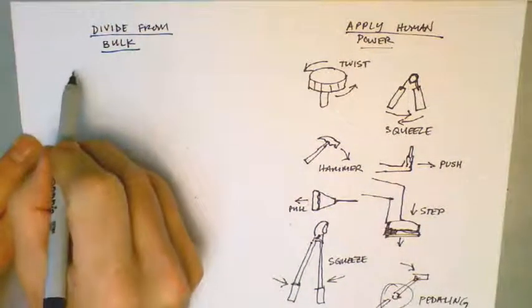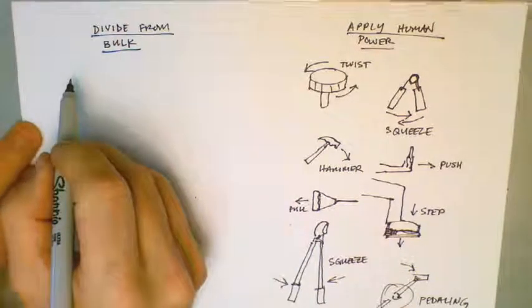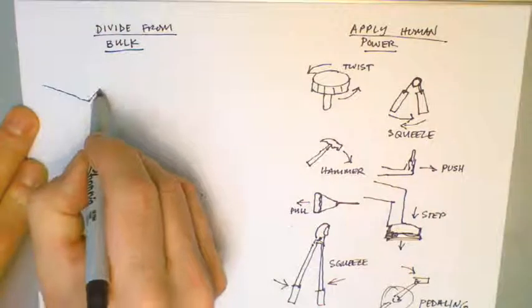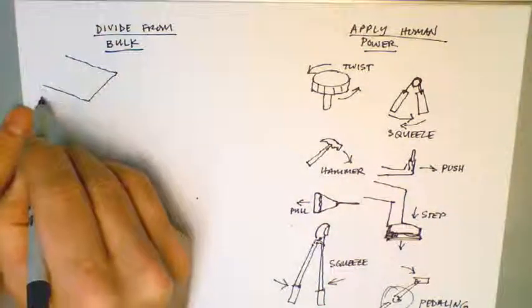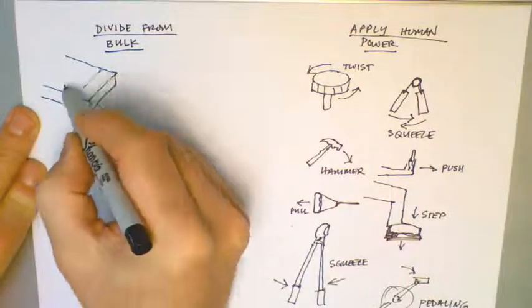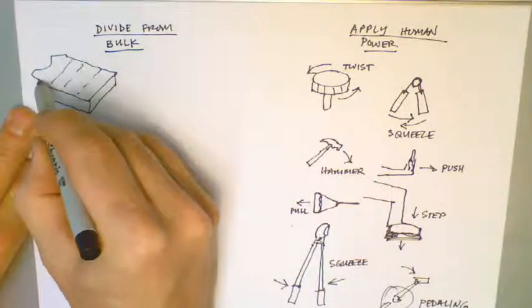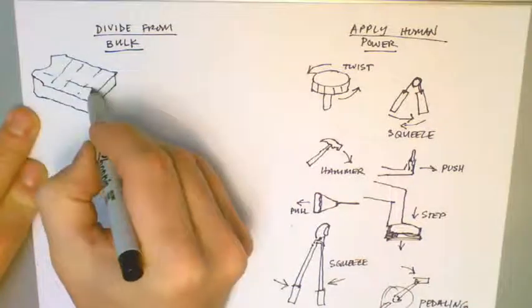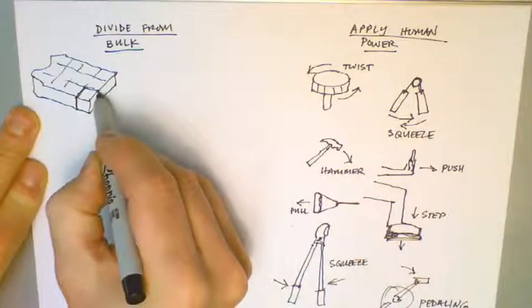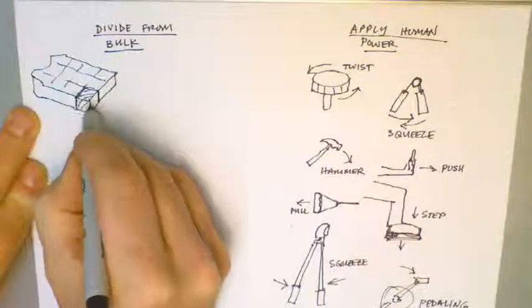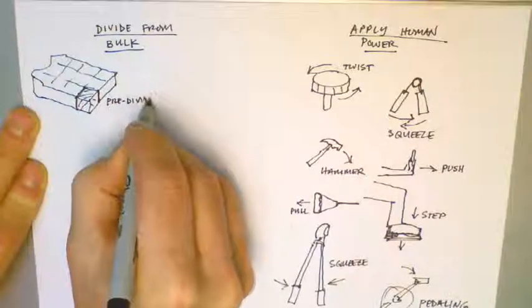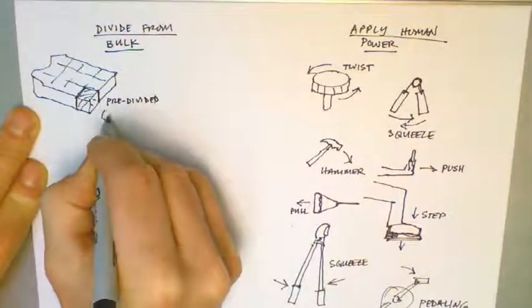Okay, so now let's do the same thing over dividing from bulk. What are ways that things are divided from bulk? I don't know, you might imagine a bulk sheet of material and imagine that it's perforated, so I'm going to call that pre-divided, and break.